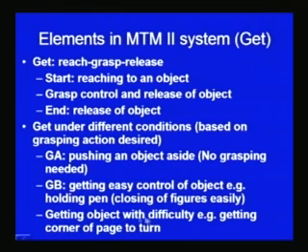Getting the object with difficulty, like getting the corner of the page to turn it, is grouped under GC. In this case, the degree of difficulty will be maximum, and that is why the time required, in TMU, allotted is also found to be maximum.